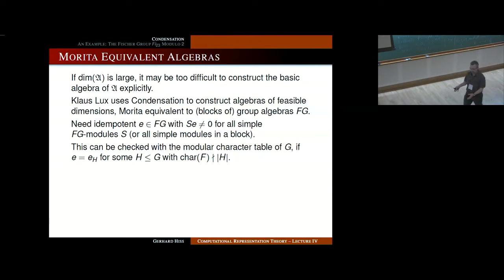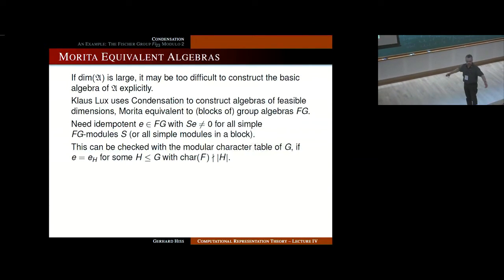Scalar product, the inner product in the usual sense of ordinary characters, because the order of H is not divisible by the characteristic. And if this is non-zero, then this condensation is non-zero. After all, the fact that this is non-zero says that H has fixed points on this module, and says the trivial character appears as a submodule. Okay.